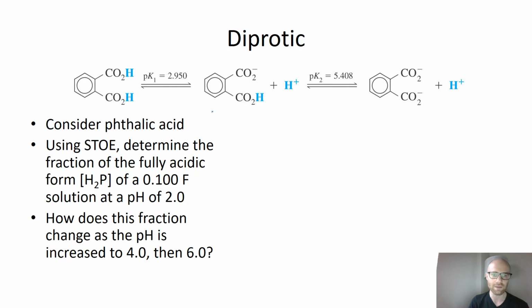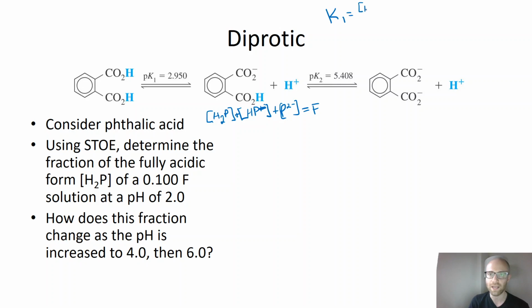And the mass balance here would be H2P plus HP minus plus P2 minus equals F. The K's, I'm going to try and squeeze them up here because they might become useful.